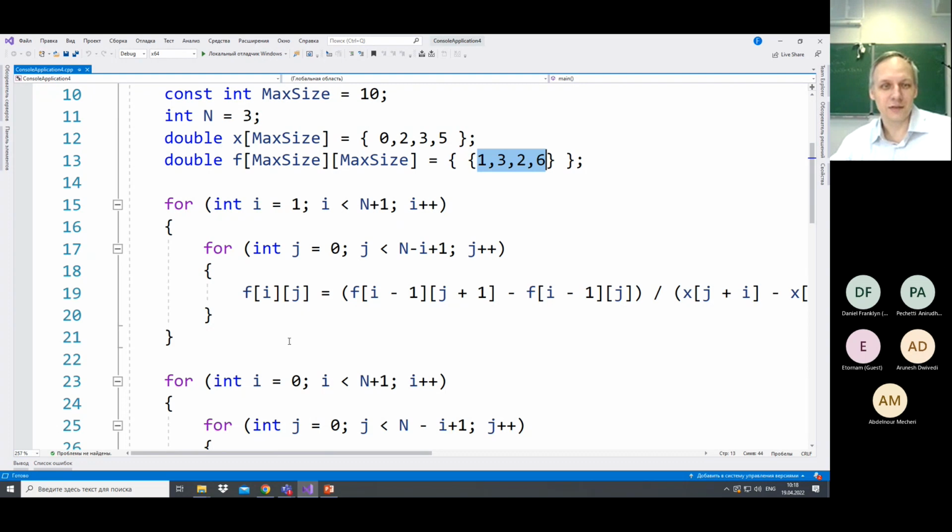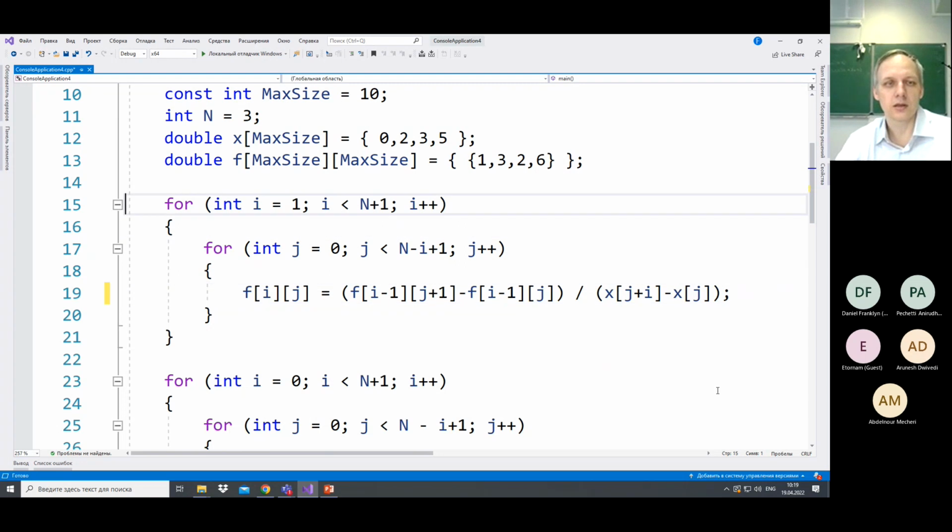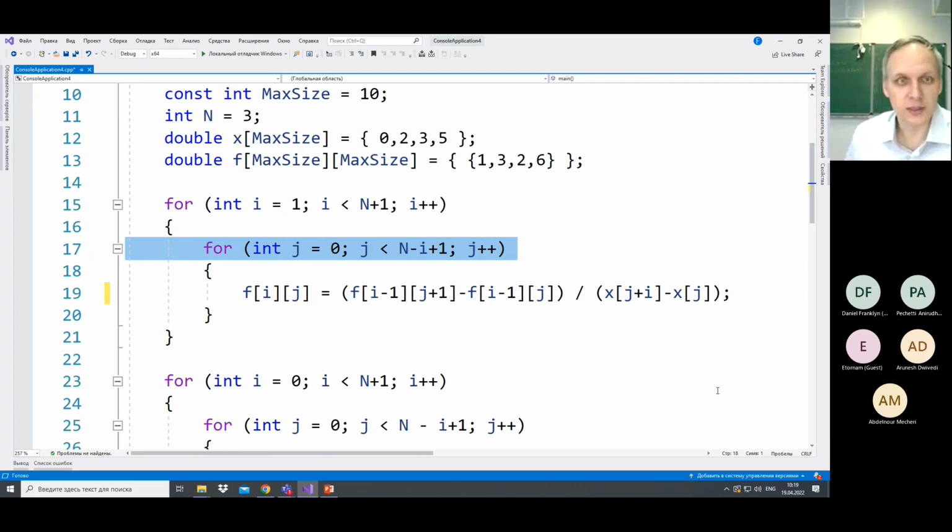Well, this loop is to compute the divided differences. I should write here two nested loops.